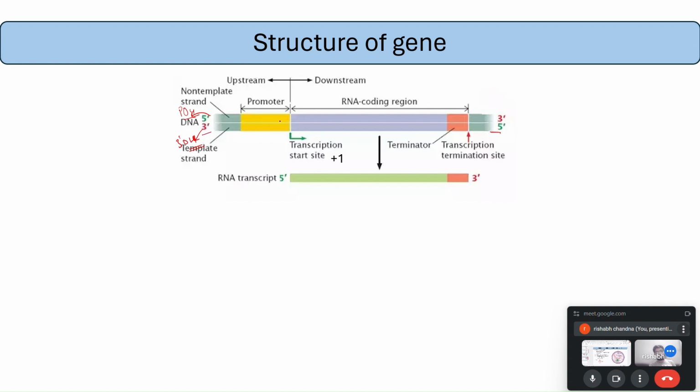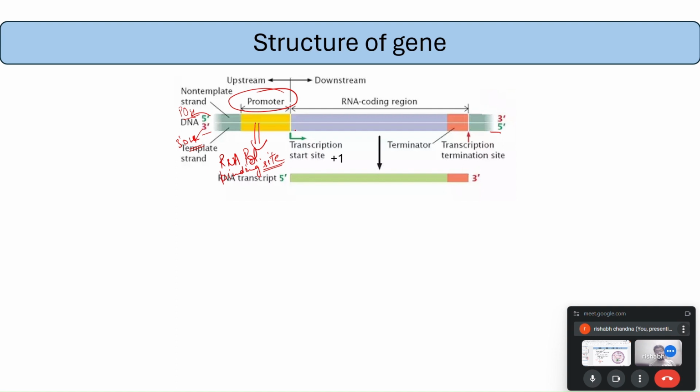Now we have three things that are important for transcription. Starting with the promoter, which is the RNA polymerase binding site. The promoter is never the initiation of transcription; it is the binding site of the RNA polymerase.